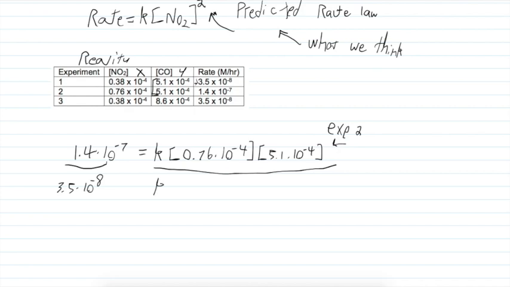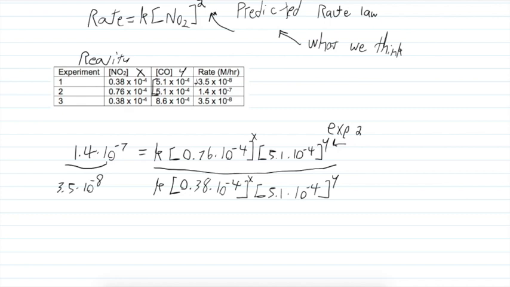We have our constant K. Now it's going to be times the concentration of experiment 1 for NO2, which is 0.38 times 10 to the negative 4, times the concentration of CO, 5.1 times 10 to the negative 4. Now the NO2s are to the power of x, the COs are to the power of y.